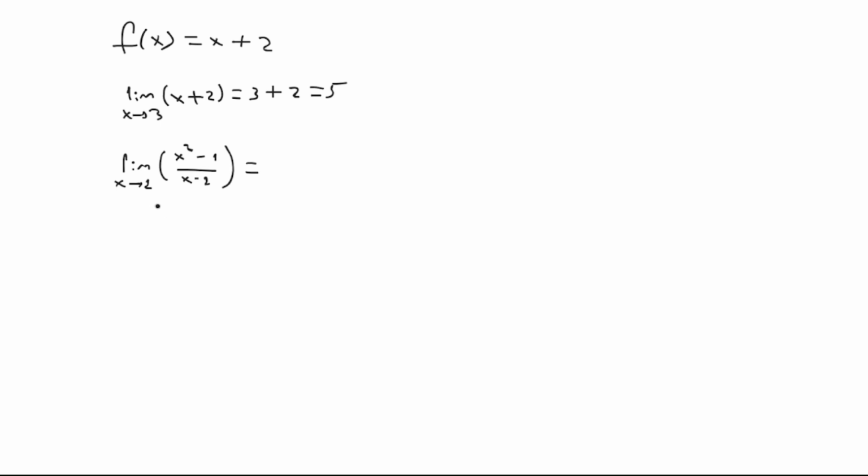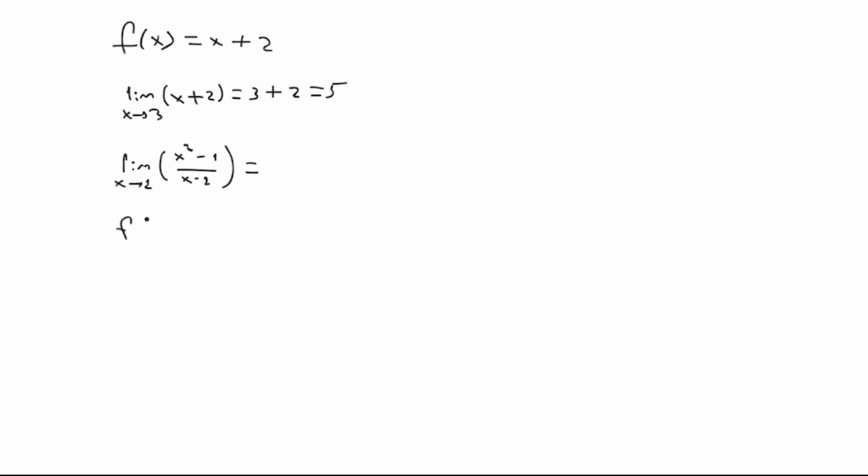We know that we are interested in the value that this function gets as x gets closer and closer to 1. So let's substitute a number into this function which is very close to 1. Let's do 1.1, for example.